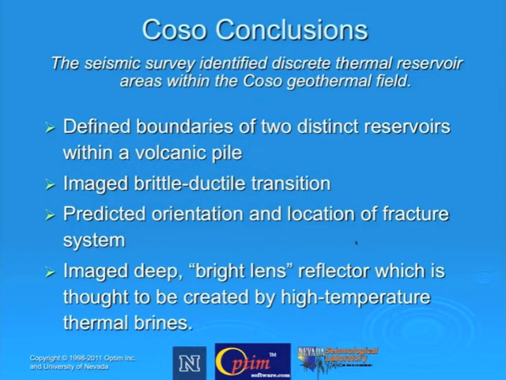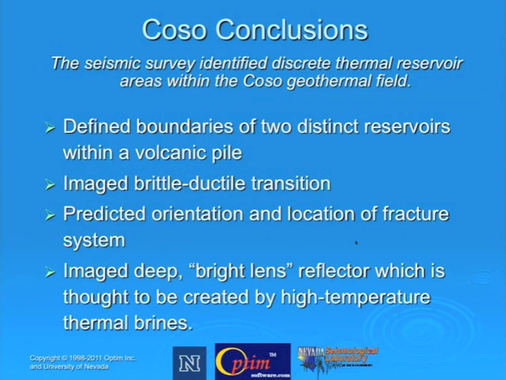Okay, so we've been able to define in Coso discrete thermal reservoir areas. There are two distinct reservoirs within a volcanic pile. We can see the brittle ductile transition way down below, 20,000 feet down. We've predicted the orientation and location of fracture systems, and there's also this deep bright lens reflector, the one at 20,000 feet.